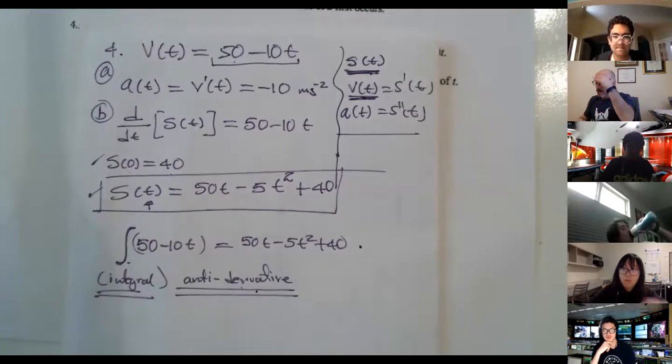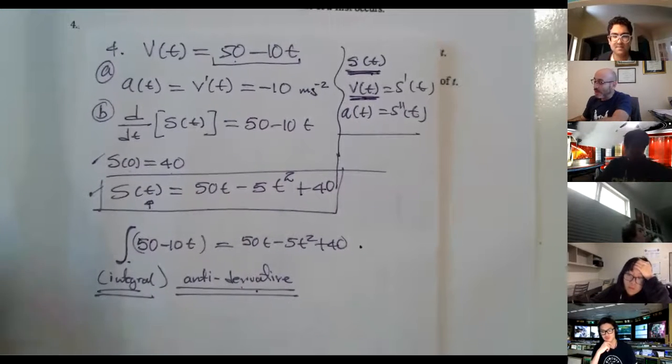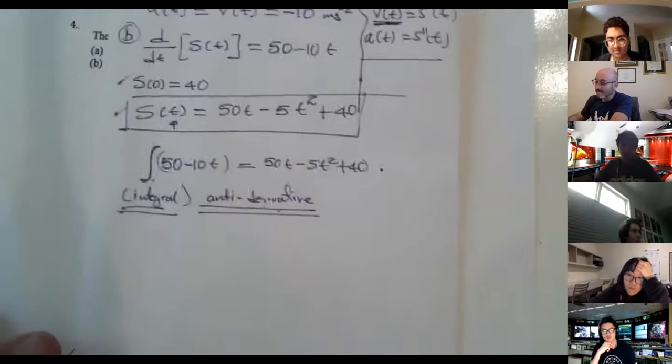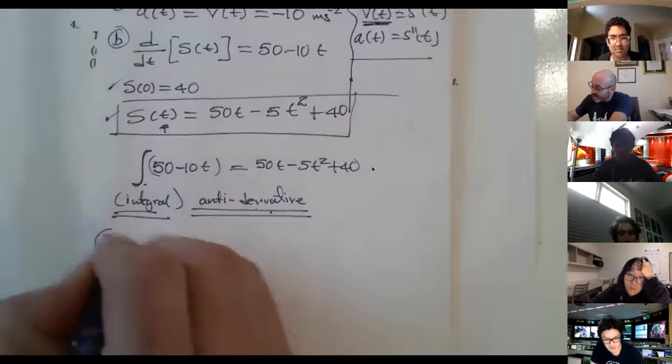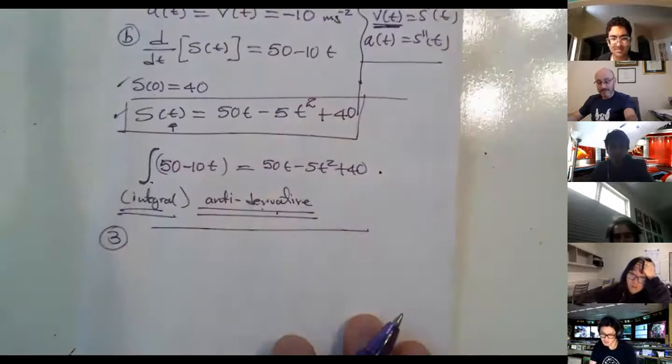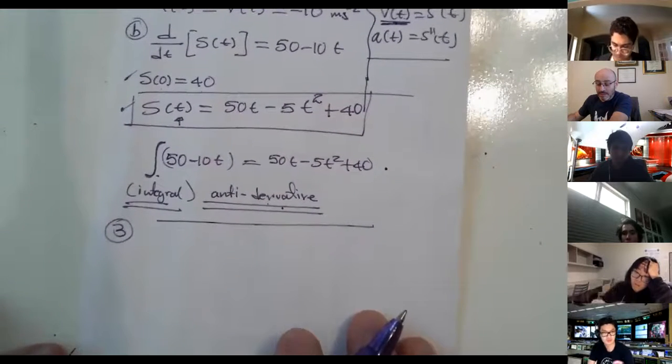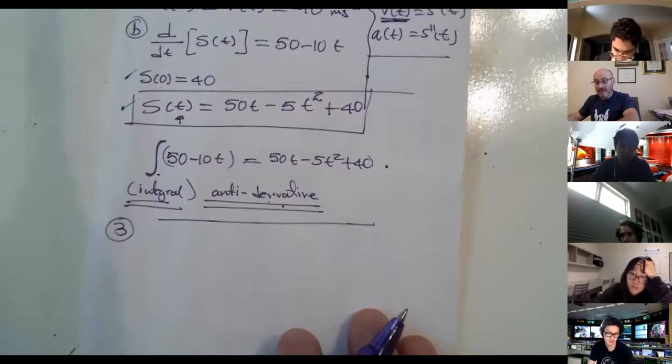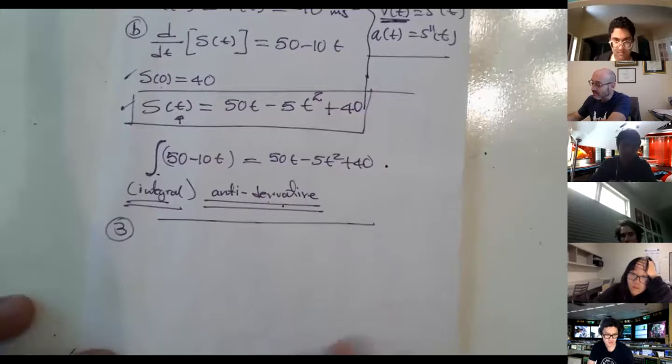All right. So let's look at problem number 3, okay? Problem number 3 says the displacement S meters at time t seconds is given by this function.